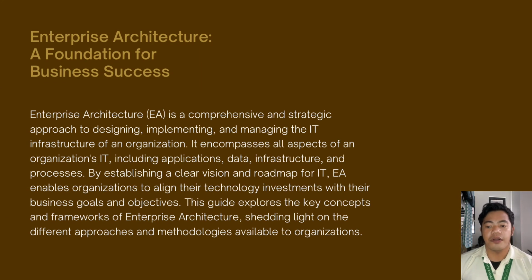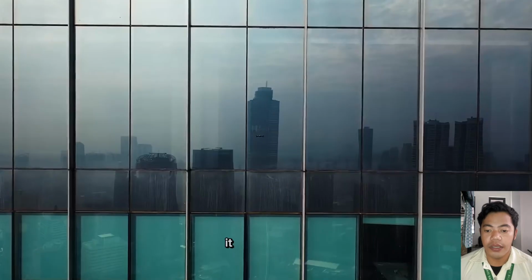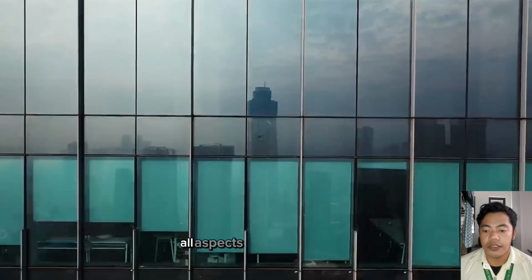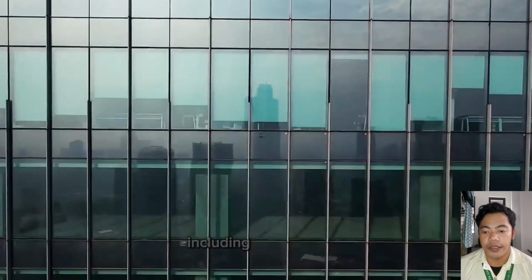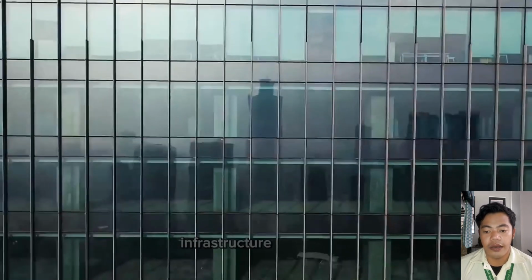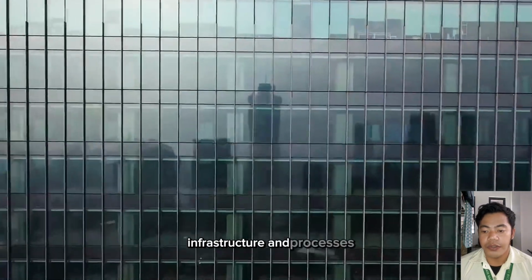Enterprise architecture, a foundation for business success. Enterprise architecture is a comprehensive and strategic approach to designing, implementing, and managing the IT infrastructure of an organization. It encompasses all aspects of an organization's IT, including applications, data, infrastructure, and processes.